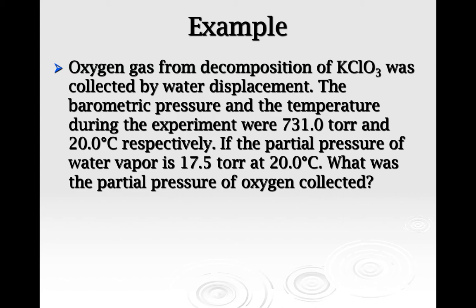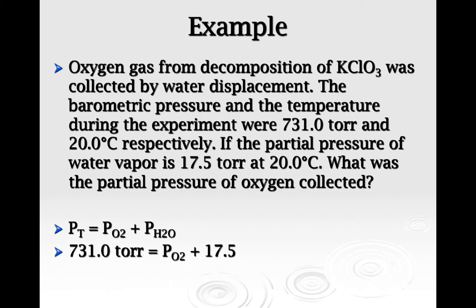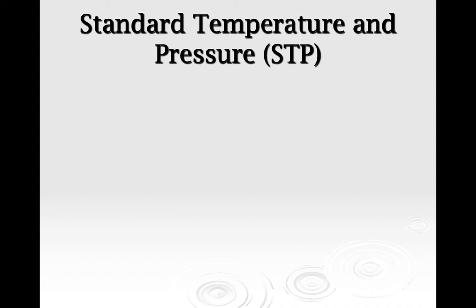So that would be 731.0 is PT equals P gas plus 17.5. So to solve the problem, we would just go 731.0 minus 17.5 to get a final answer that the pressure of the oxygen was 713.5 torr. And that concludes 10A, pressure and Dalton's law of partial pressures.